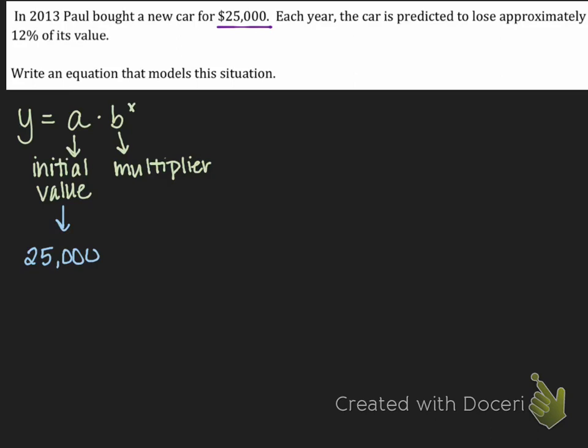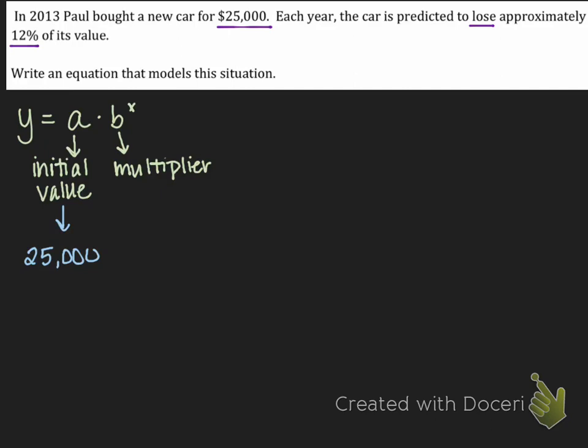In order to determine the multiplier, we need to figure out how much of the initial value we keep each year. So according to this situation, the car is predicted to lose 12% of its value. Now, when we're dealing with percentages, we want to know how much we get to keep. Not necessarily how much we lose, but how much we get to keep for the car.